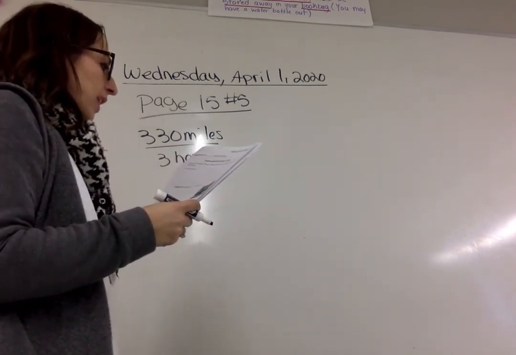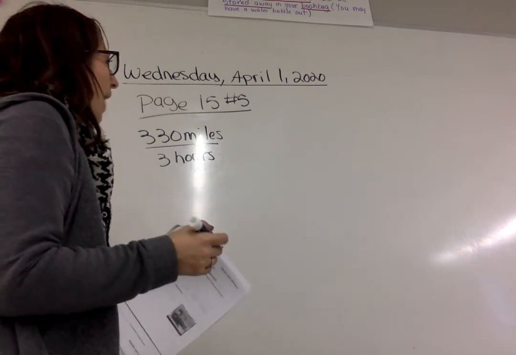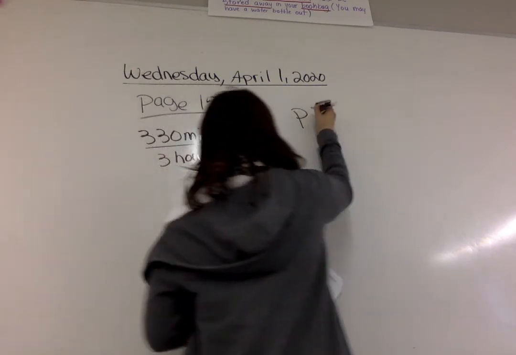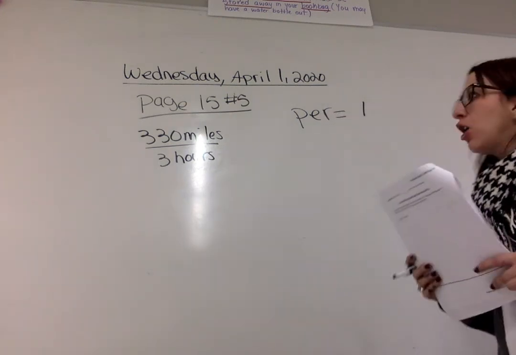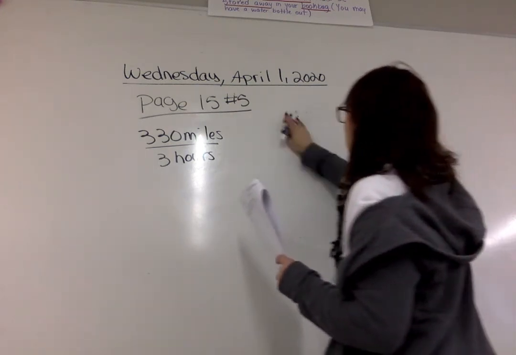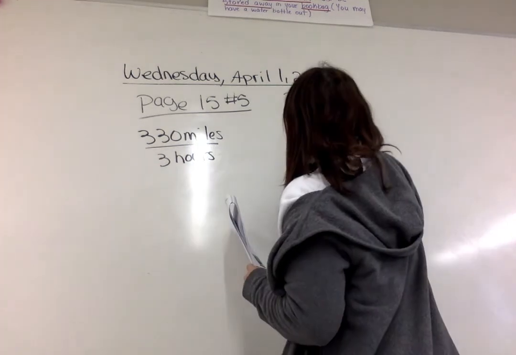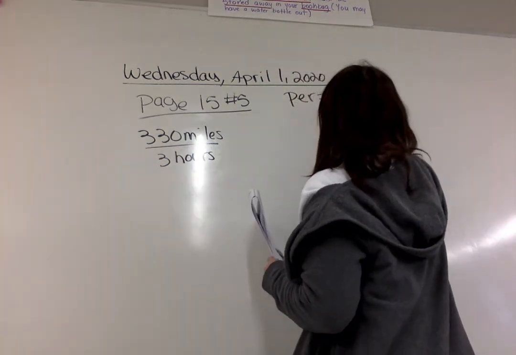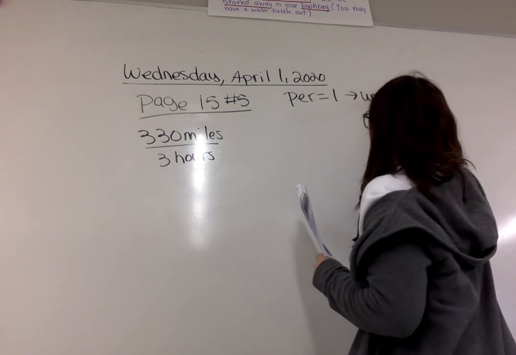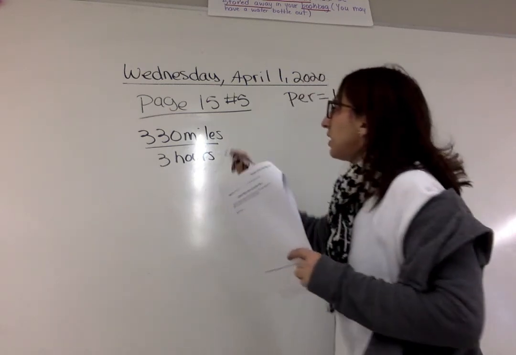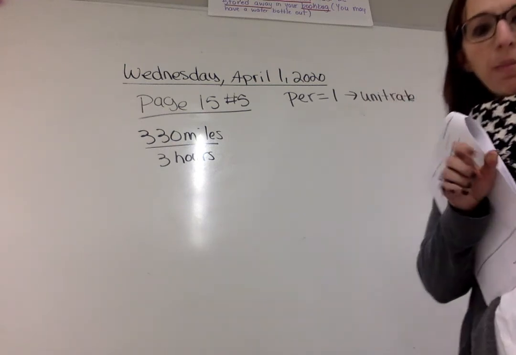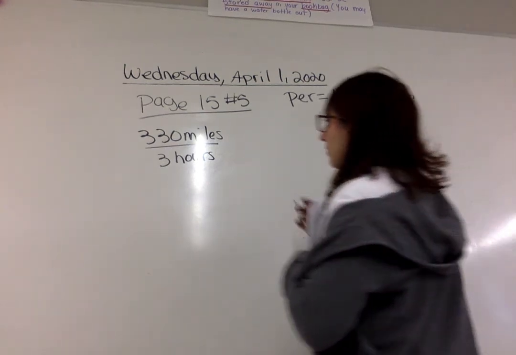Find the speed of the train in miles per hour. The word per means 1. That means I've got to find the unit rate. So per is equal to 1, which is my unit rate. So we compare miles to hours.